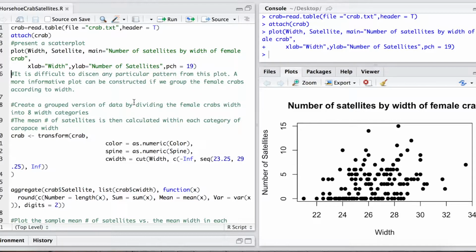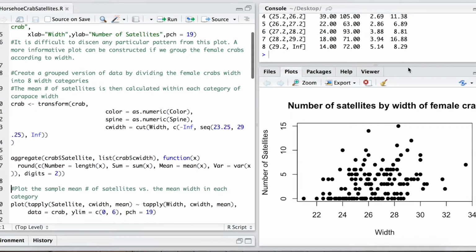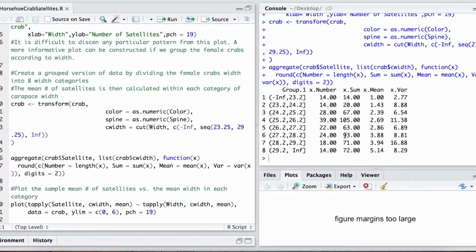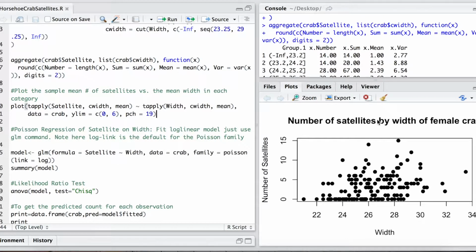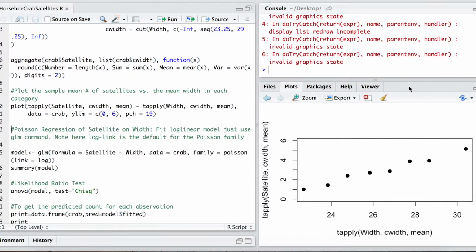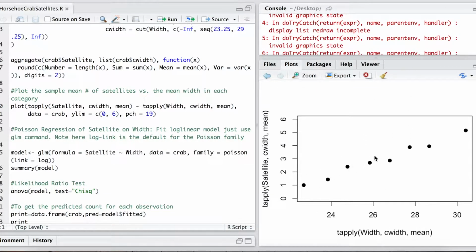What I did here is I created a grouped version of the data by dividing the female crab's width into 8 width categories. So after I group the data, it looks like this. And now I plot a new plot after I group the data. Now you can see a clear increasing trend on this graph.